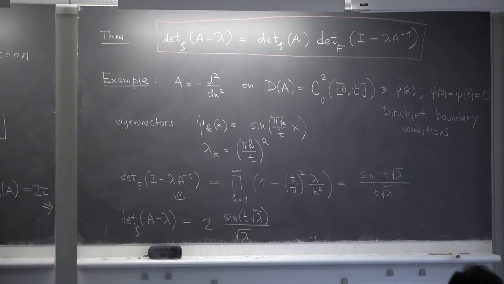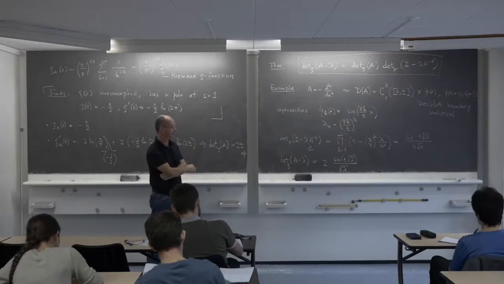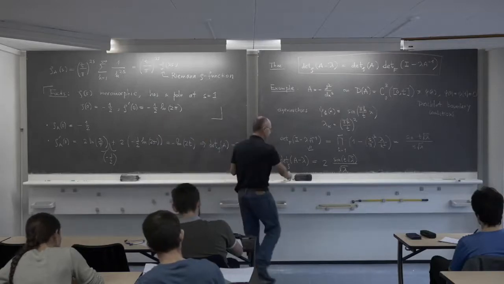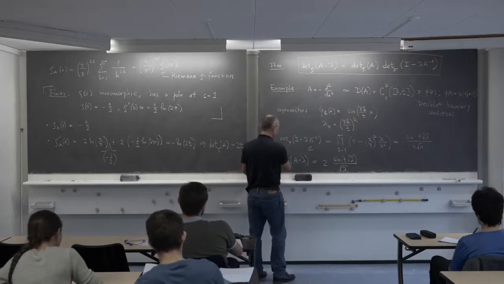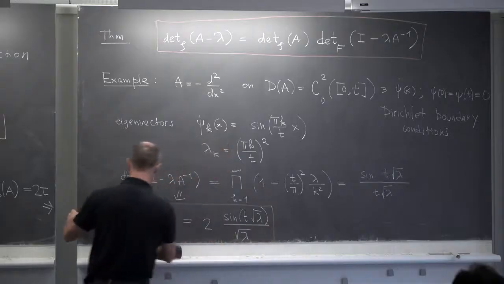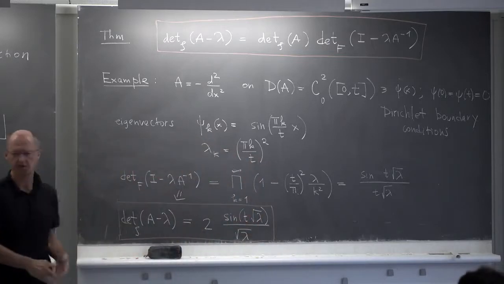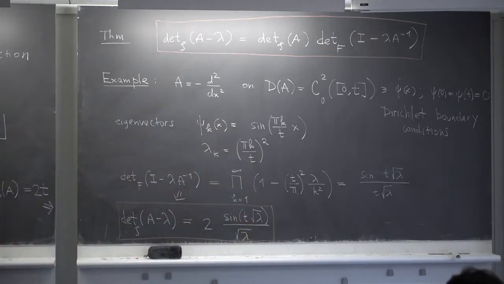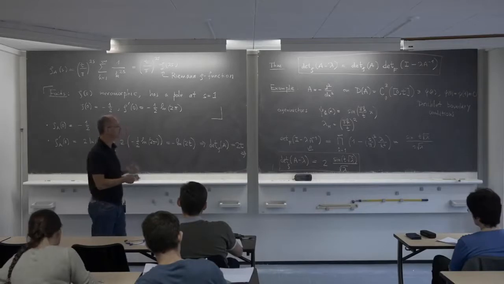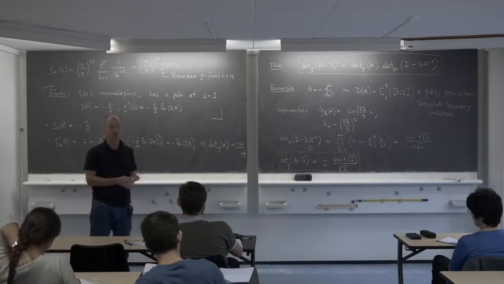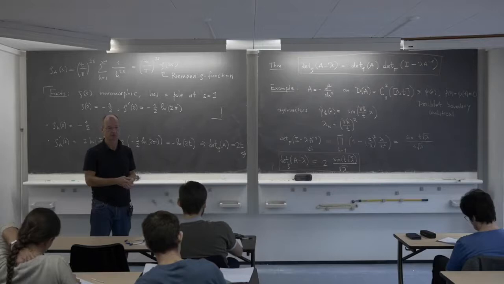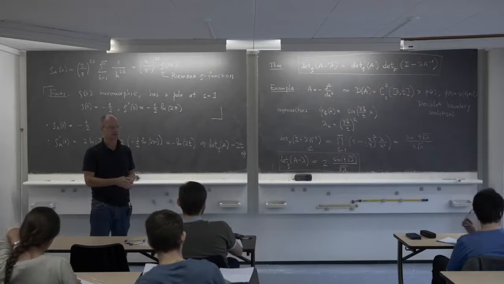And this is twice sine of t square root of lambda divided by the square root of lambda. Well, so that's an interesting expression. We're going to make use of it later on, but it shows a little bit how those infinite dimensional determinants work. So let's have a break, and after the break we're going to apply our determinant machinery to computing actual Gaussian path integrals.